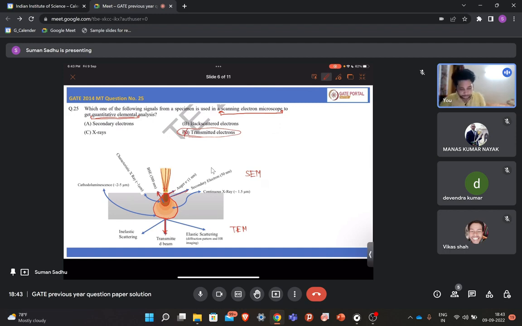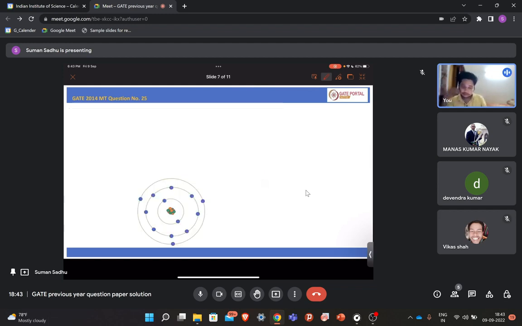For the SEM part, we now have three answers. Three of you gave three different answers. Now let us find out which one is correct. For this we have to understand what these different signals are and how they are generated. So let us go to the atomic level. Let's say this is your atom, this is the nucleus, which is positively charged, and these are the electrons.